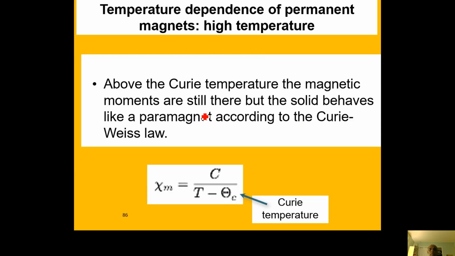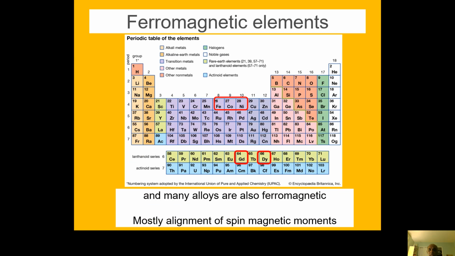Okay, so then we also talked about this Curie temperature for ferromagnetic susceptibility, C over T minus theta C. This theta C, now we know how to calculate in terms of the exchange interaction. If you look at most of the ferromagnets, they are in the transition metals, and a few in the rare earths.